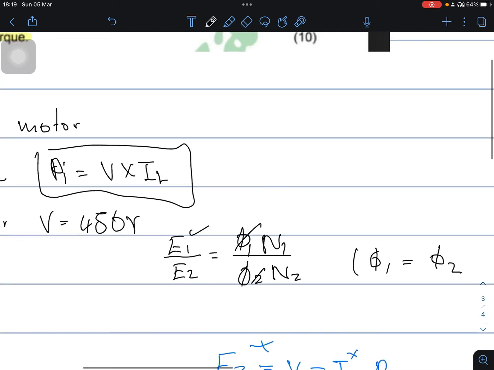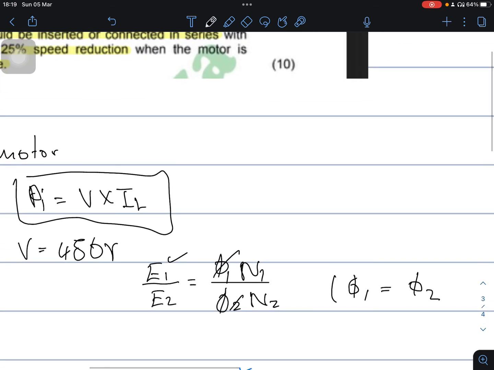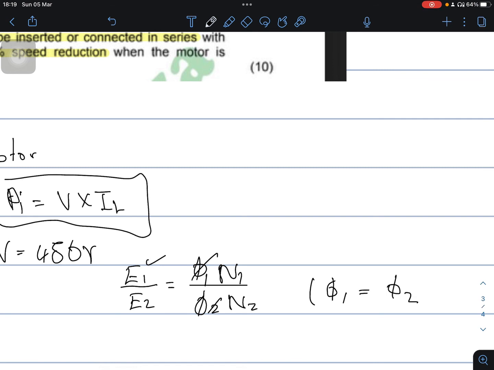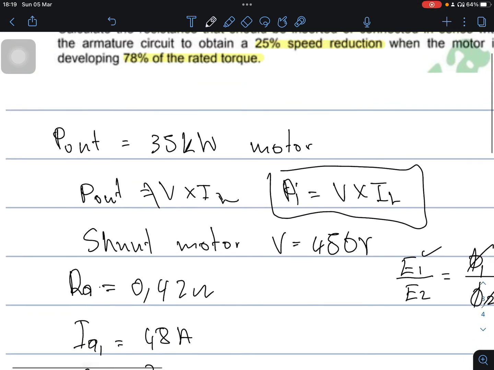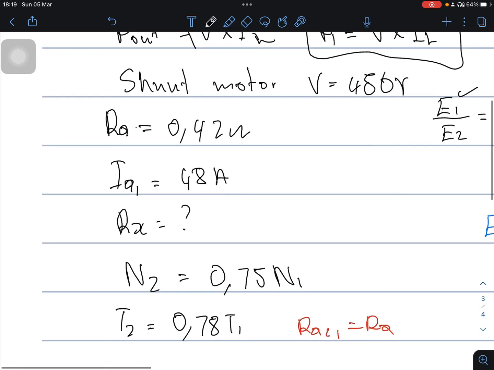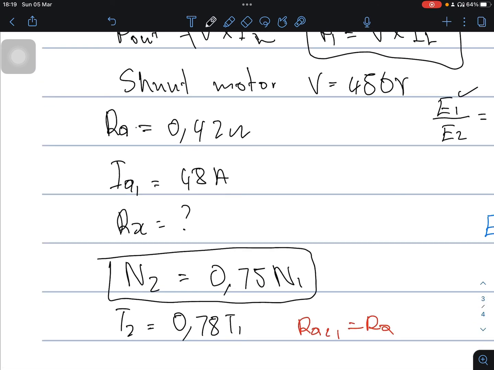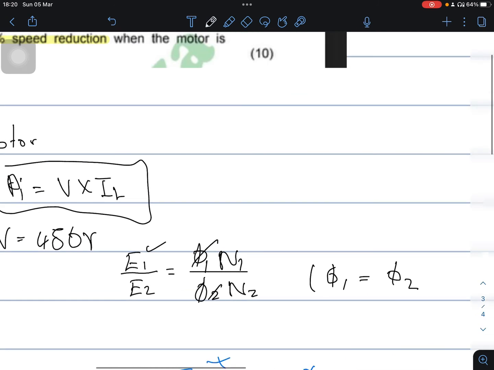So let us find E1 first. Then we find N1 over N2. But N1 over N2 is not a problem because we managed to express N2 in terms of N1.